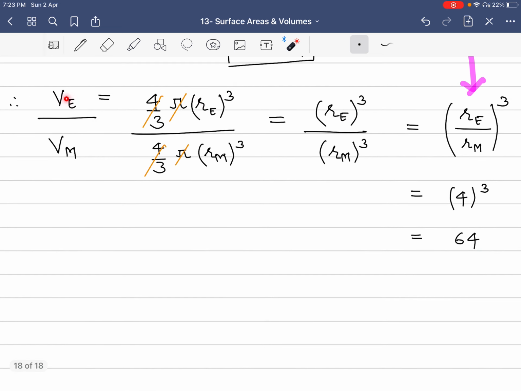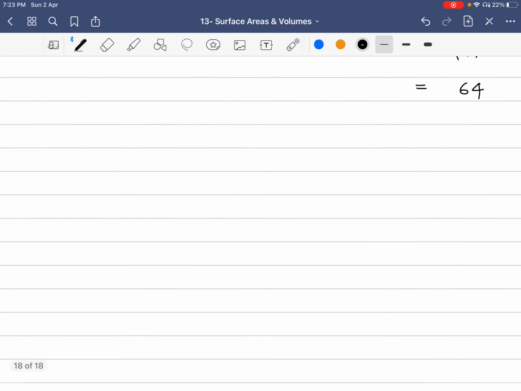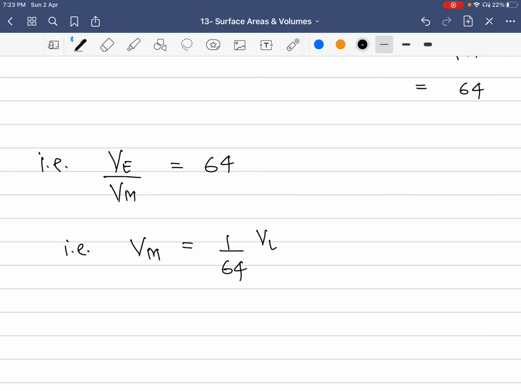So let's write it down separately. We have got volume of earth divided by volume of moon equal to 64, which means our volume of moon is 1 by 64 the volume of earth.